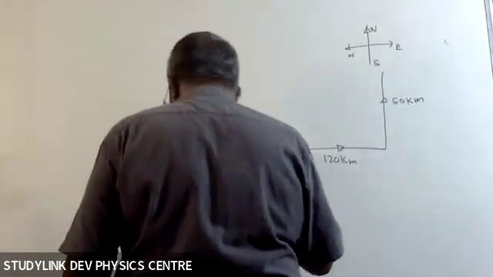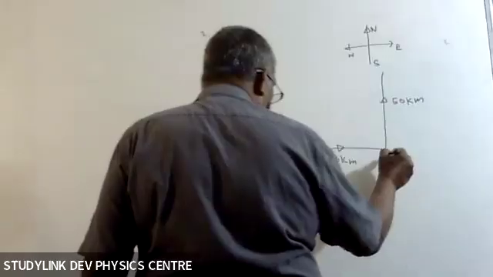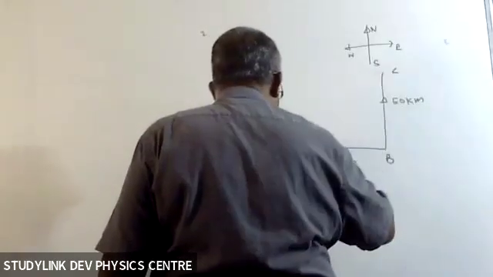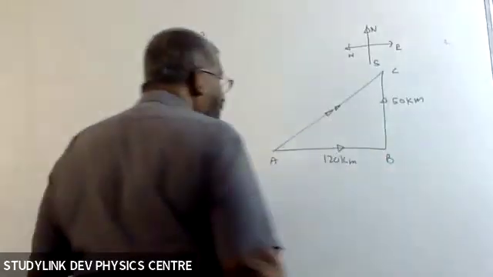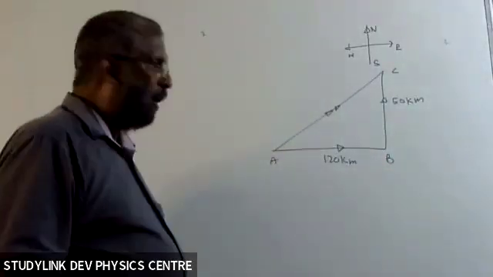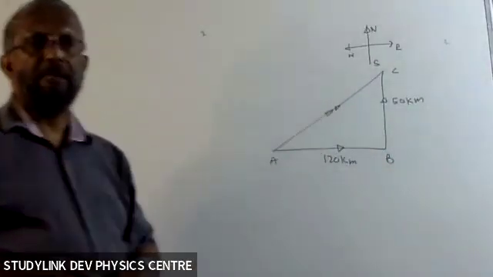After that, it goes A, B, C. This is AC. We want to find AC. Use Pythagoras and find.